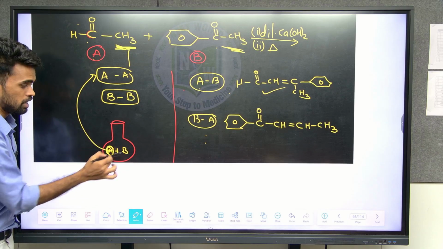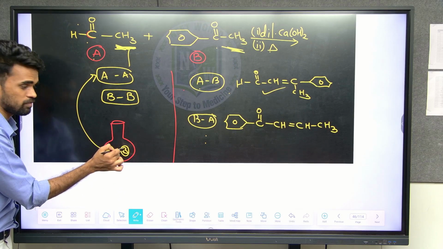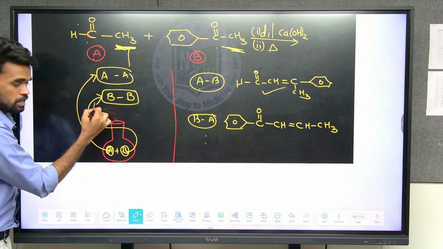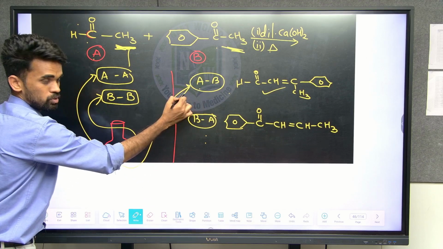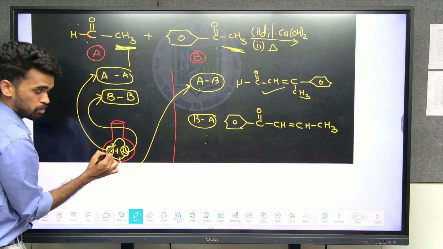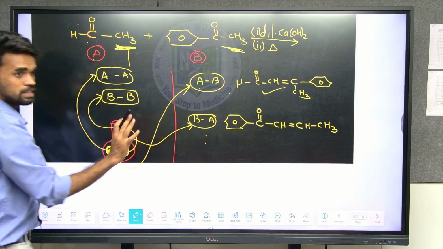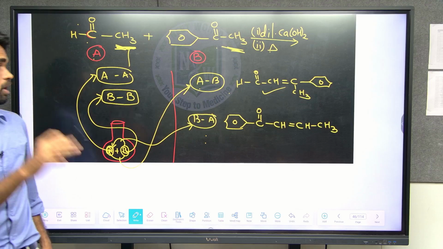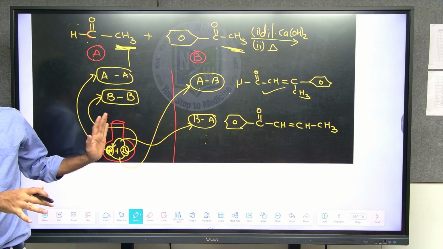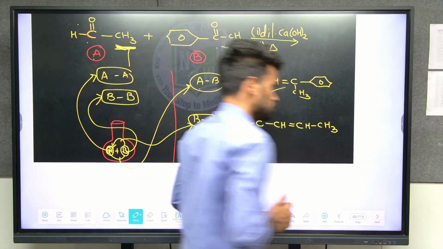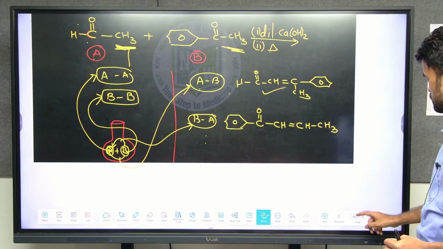B has a possibility to combine with itself, so you will get this kind of product. Now A has a possibility to combine with B, you will get this kind of product. Now B has a possibility. So like that, how many cross aldol condensation products are possible? Four. Clear everyone? Clear or not? Okay, fine.